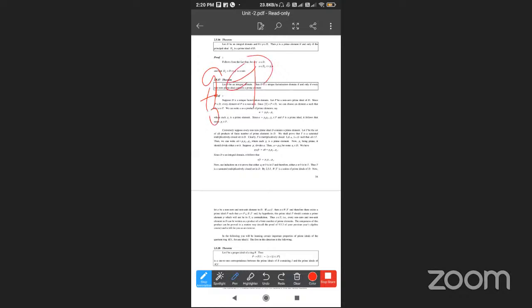So a is equal to p1, p2 up to pn, where each pi is a prime element.